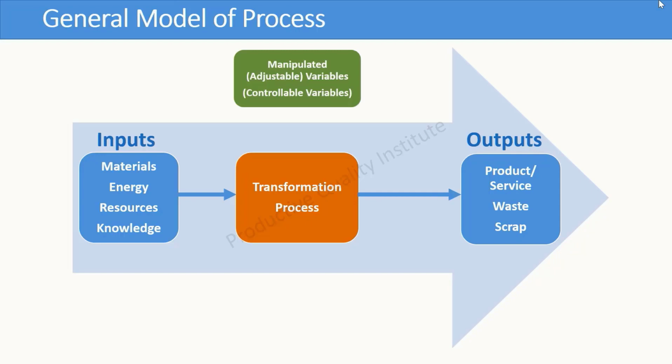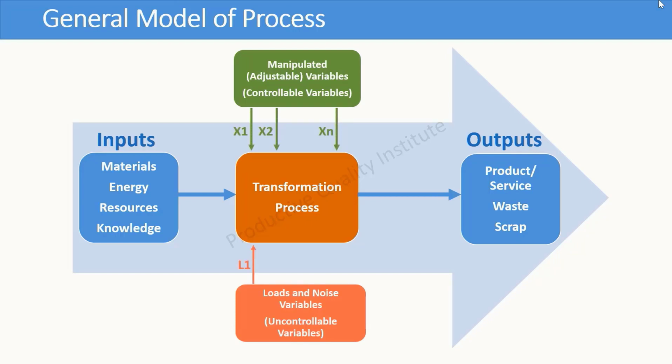The variation comes from two other inputs: the manipulated variables, which are adjustable and controllable variables, and the loads and noise variables, which are uncontrollable variables. Controlling the variation in the inputs leads to reduced output variation, which leads to less defects and scrap.